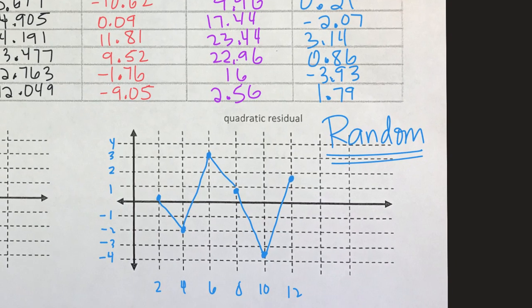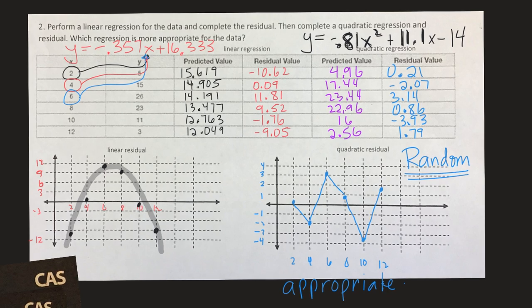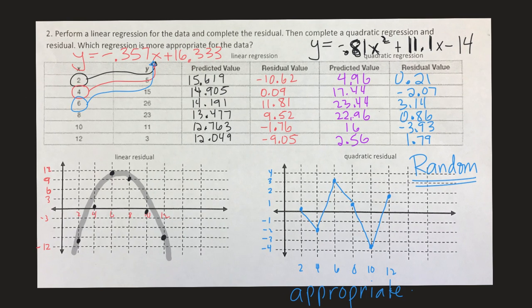We can talk about the appropriateness of our equation based upon these residuals. So the quadratic is much more appropriate than your linear, because there's not a pattern to your quadratic, whereas there is a pattern to your linear. So this one would be not appropriate, and your quadratic would be appropriate.